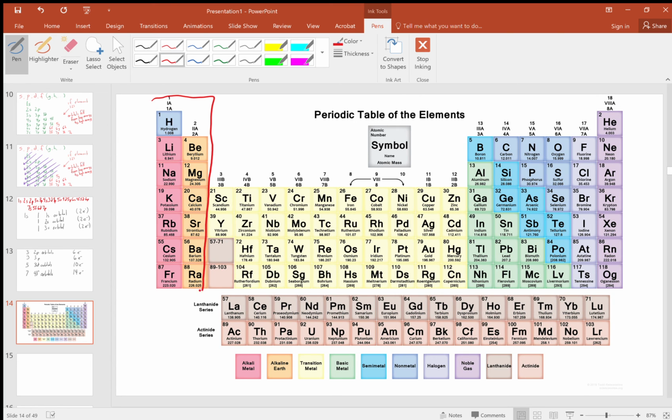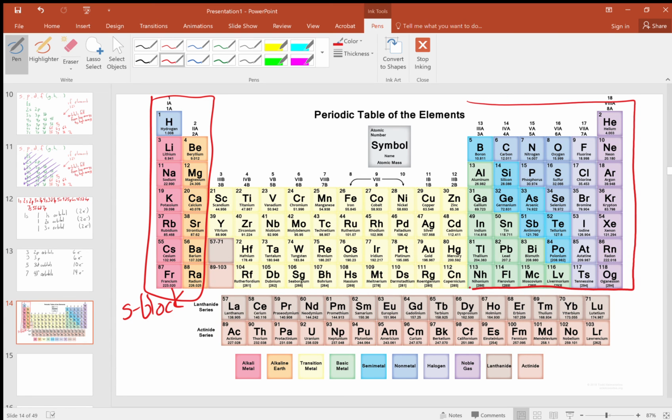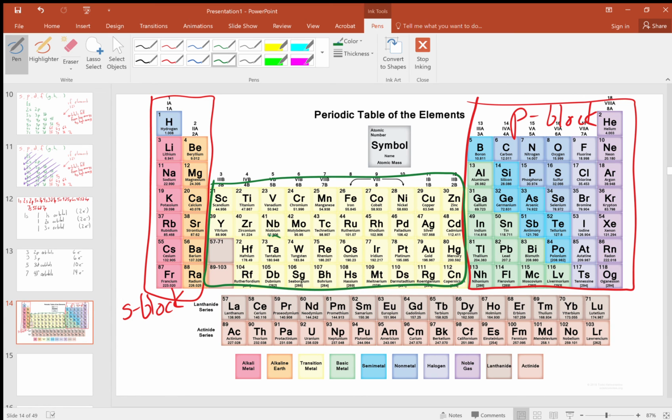In this first section here, you can see clearly there's 2 distinct columns. And so we call these our s block, because when we're looking at these elements, that's when we're filling the s orbitals. This section we have a group of 6. So here's our p block. In the middle here are the transition metals. This is a group of 10. So we call this our d block.